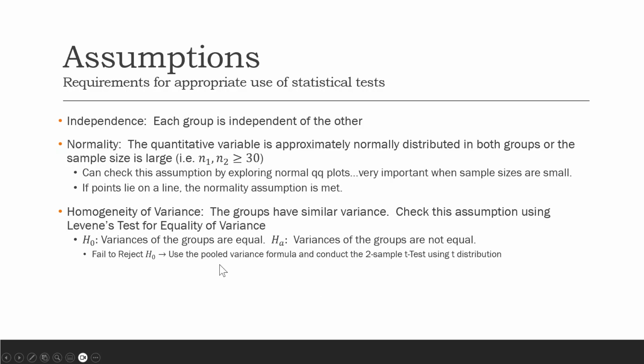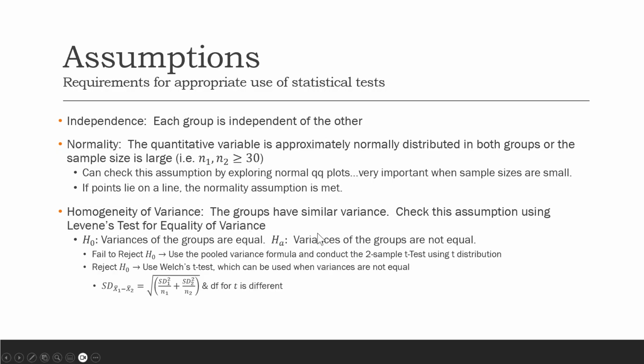All right. And so we can use that pooled variance formula in that standard error of the mean, and then we'll conduct our two sample t-test using the t-distribution, using Student's t-distribution. However, if I look at Levene's test for the equality of variance and I get a p-value that's less than 0.05, then I'm going to reject my null hypothesis. And that means that we have evidence that the variances in those groups are actually not equal. That means we cannot use the Student t-distribution.